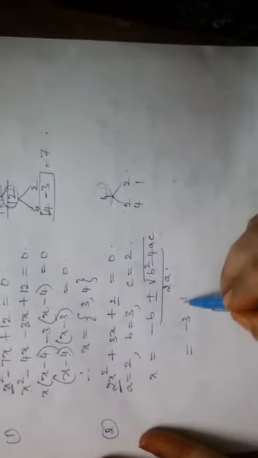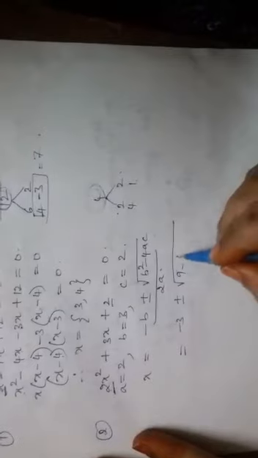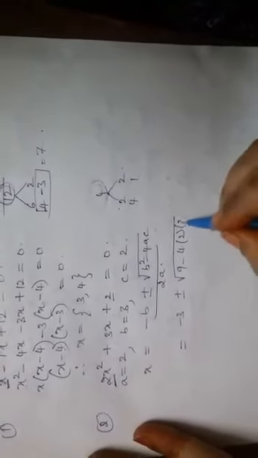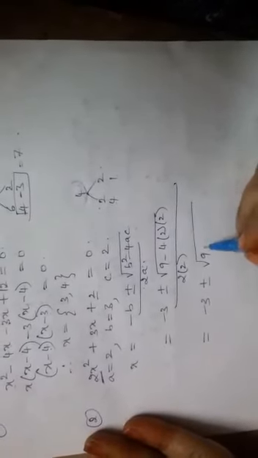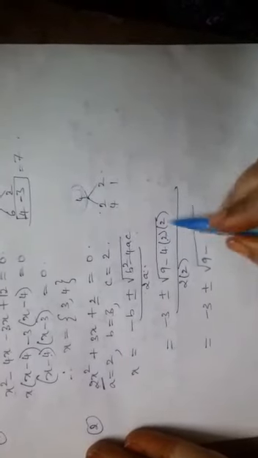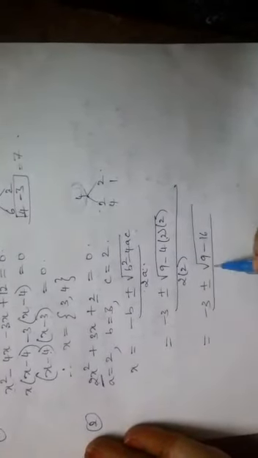Okay. So x equal to minus b plus or minus square root of b square minus 4ac by 2a. Substitute all the values. Minus 3 plus or minus square root of b square, which is 9, minus 4 into 2 into 2, by 2a, so 2 into 2. So minus 3 plus or minus square root of 9 minus 4 2 is 8, 8 2 is 16, by 4.